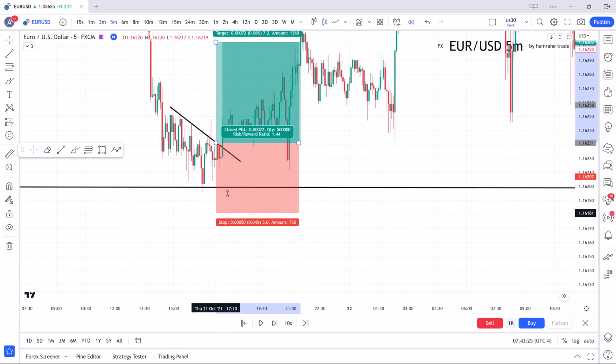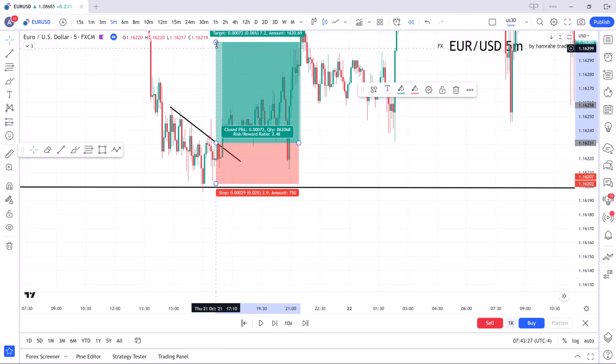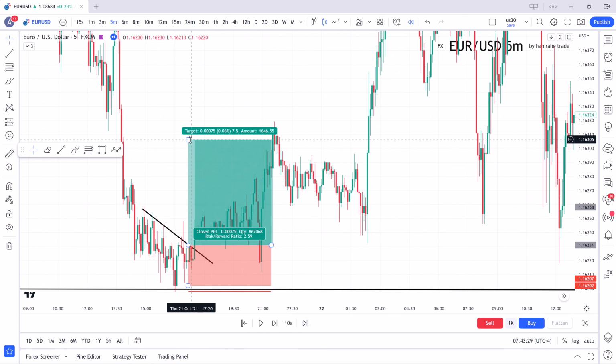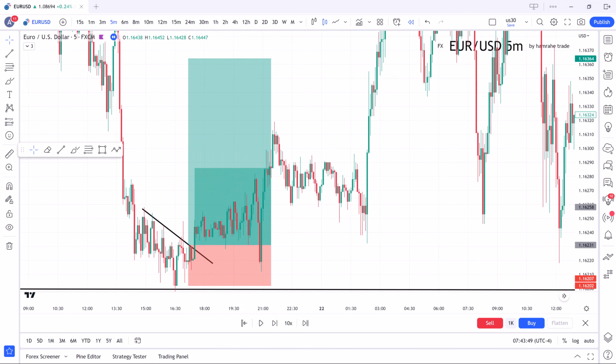I am going to enter on this double bottom and you can see the results. So the result is that we should identify the time frame of our POIs, lines and markups because we can make strategies based on them and enter the market on the right time frame and on the right setup.